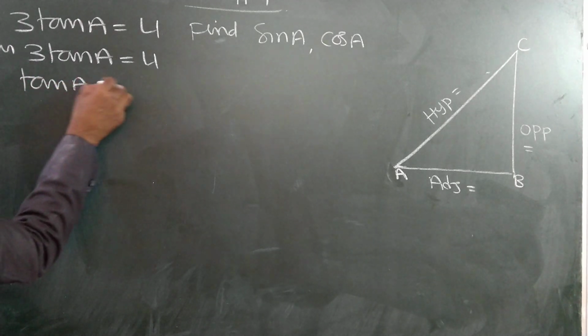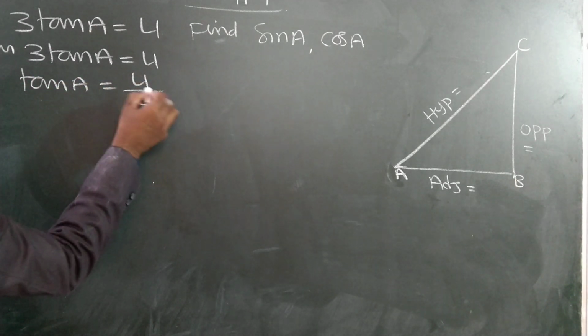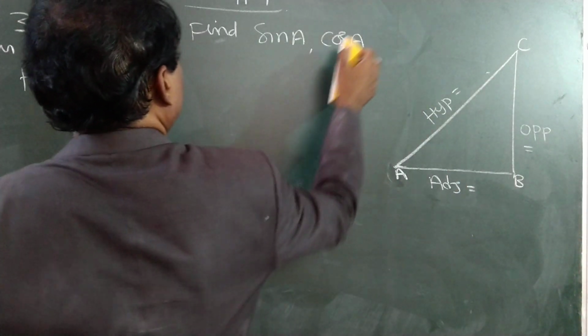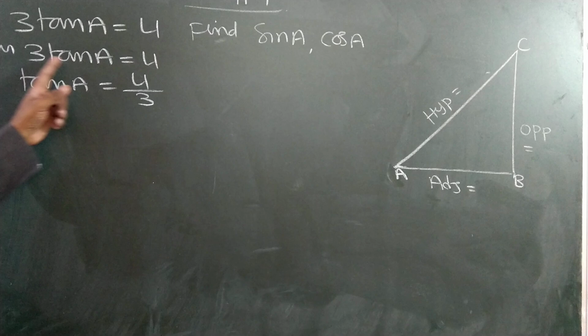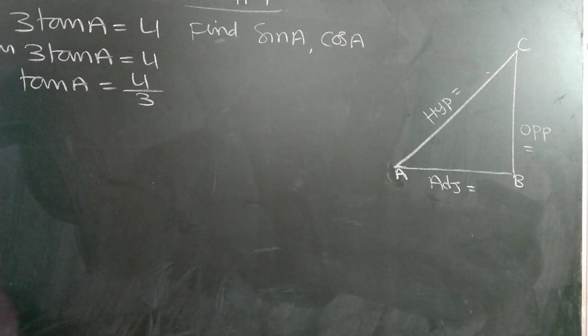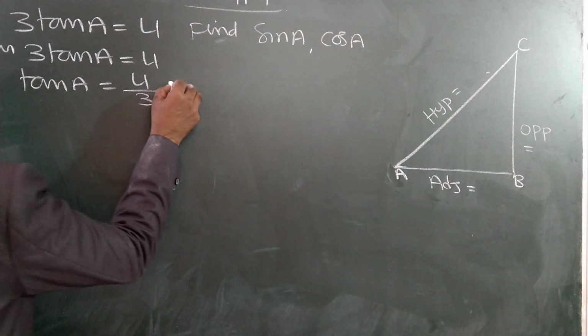Tan A is equal to how much? 4 by 3. Three tan A is equal to 4 is given. Tan A is equal to 4 by 3. This is given. What is the tan definition?